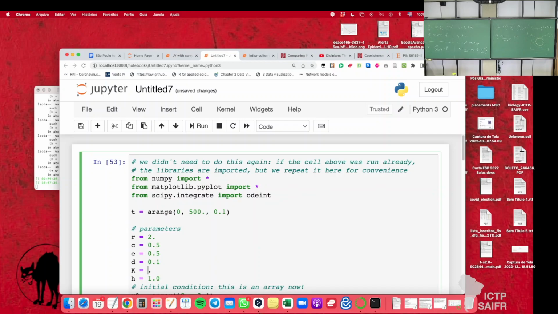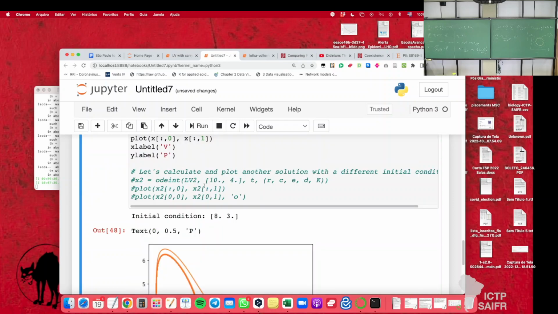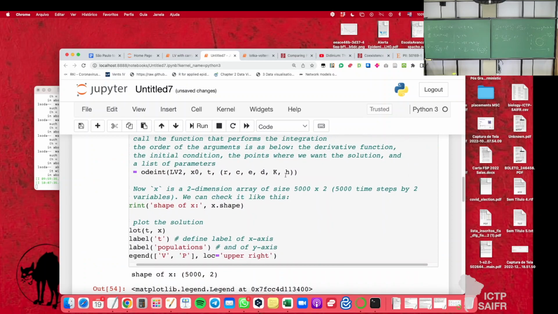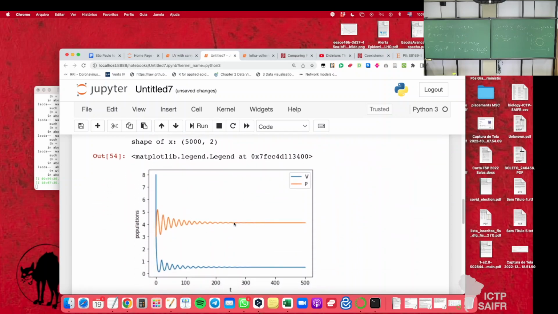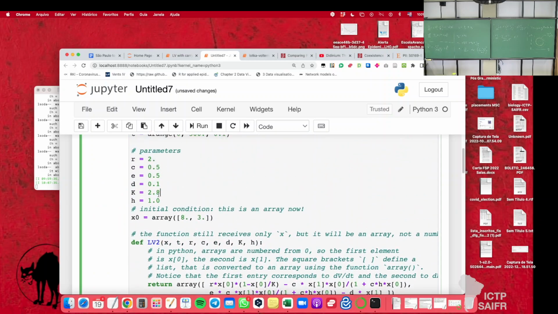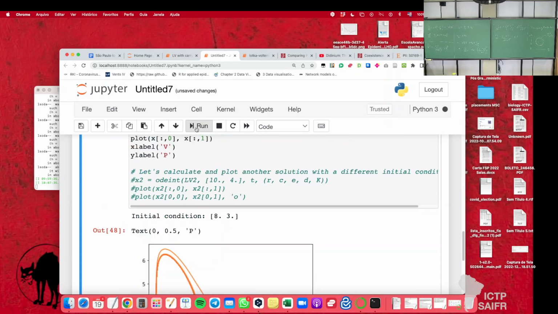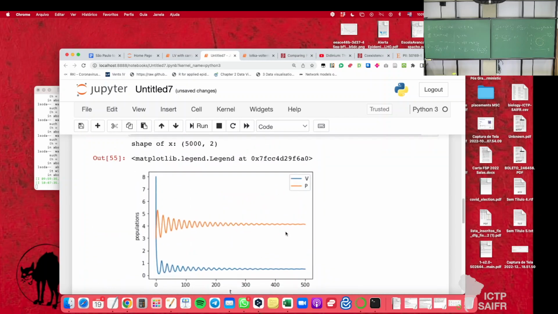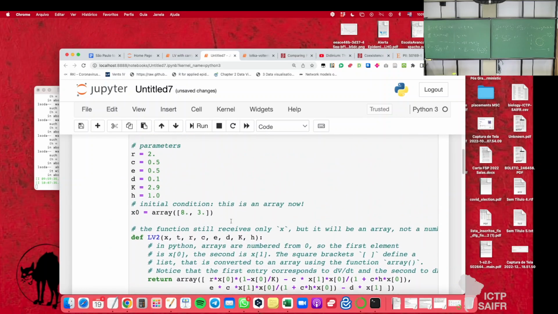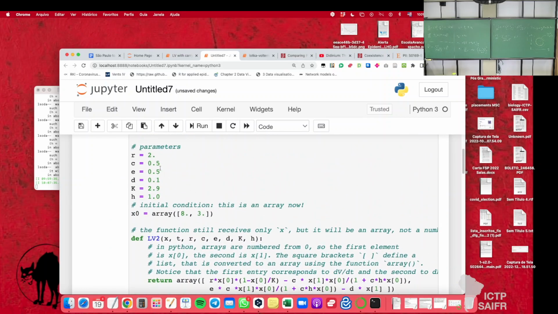So I thought it should be like 2 point, let's start at 2.8. 2.8 goes to a fixed point. 2.9, but you see, there are oscillations and then you get a fixed point. Oscillations take longer and longer. And with 3, we already came to an oscillation which seemed to be sustainable.